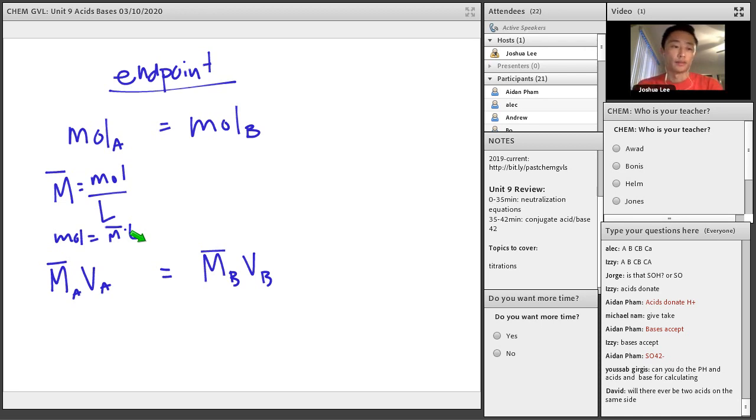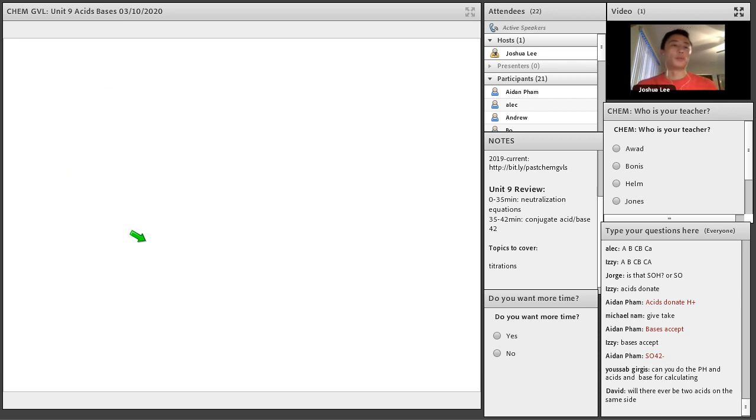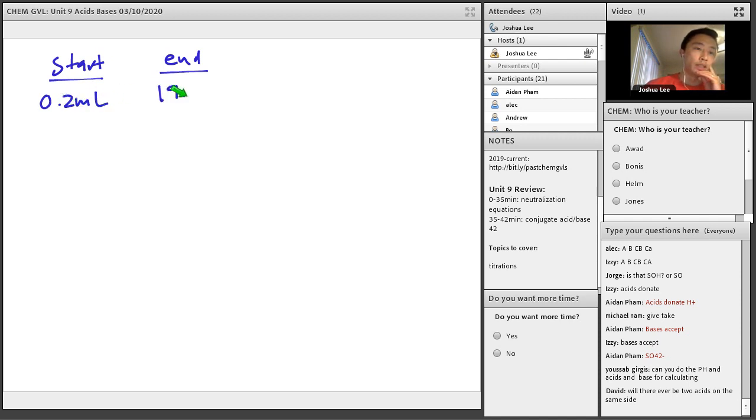That's really it. So if you're given a problem, I'll make this into a lab question. You started at 0.2 milliliters and you ended at 19.1 milliliters of a base of unknown molarity.